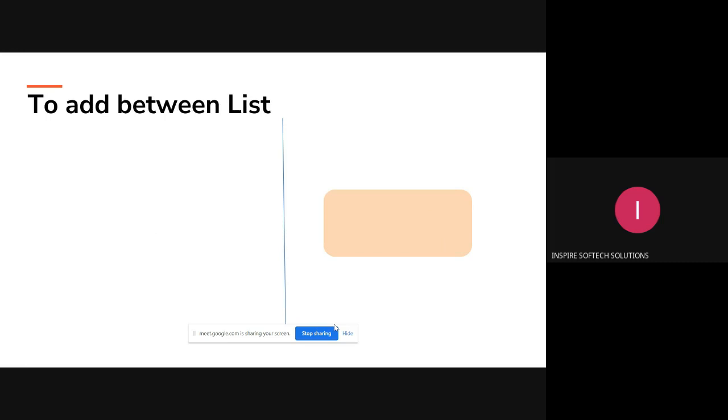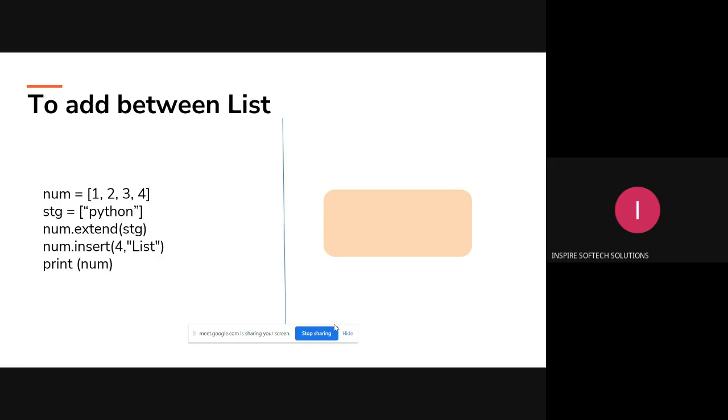Fine. So next is to add in between the list. How to add in between the list? We can go with insert. We have discussed extend and append. The third method is insert. Insert should have two parameters because you are inserting in between.